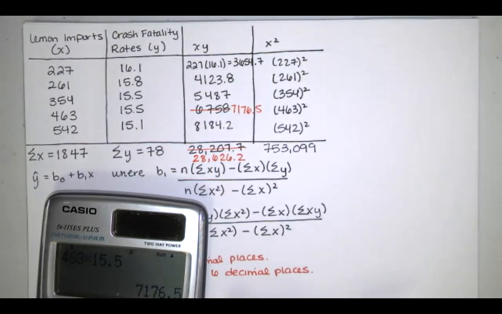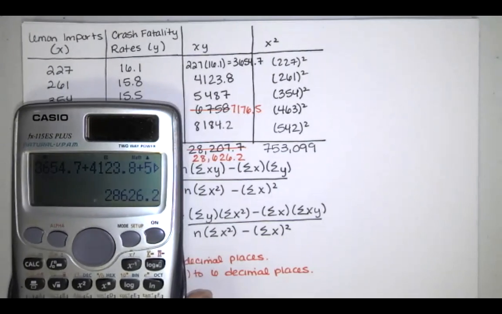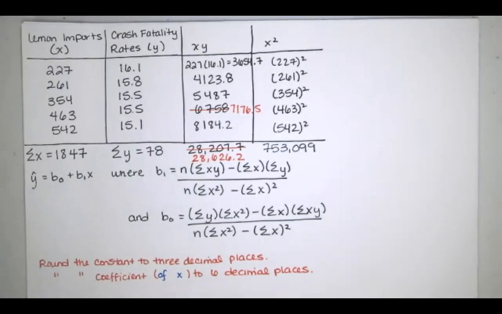And if I correct that, now I bet everything adds up to be what it's supposed to be. So we have 28,626.2. So that's right. Okay.